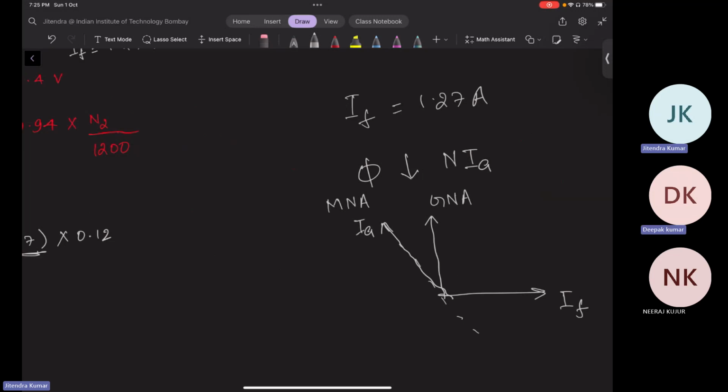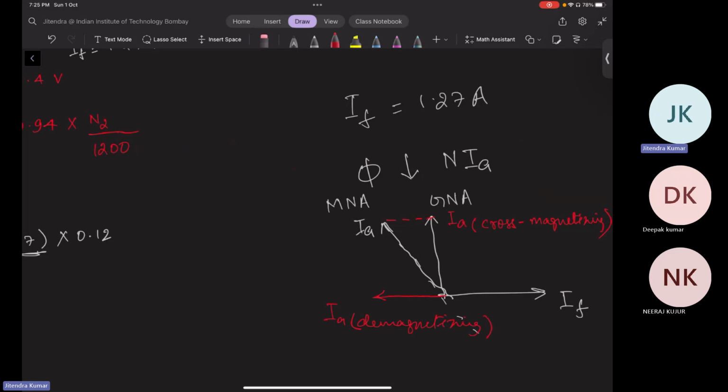Now this armature current will have some component along the GNA, IAq, or torque producing or cross magnetizing. The perfect term is cross magnetizing, which textbooks also use. And this component will be demagnetizing.